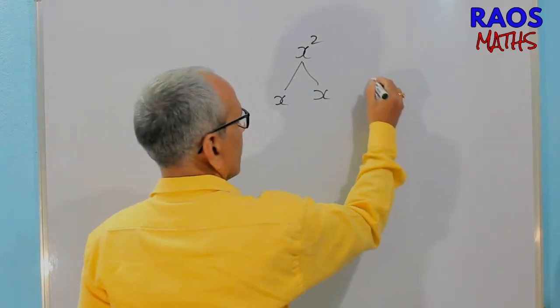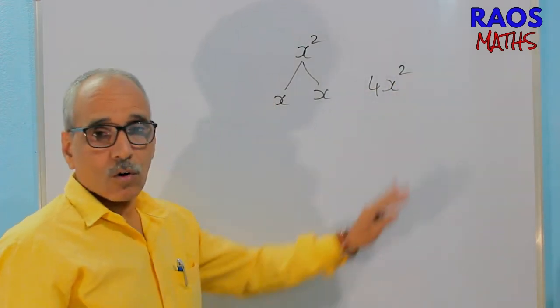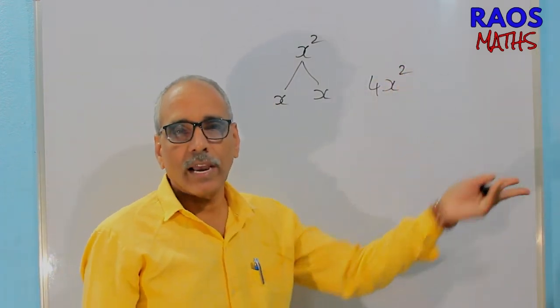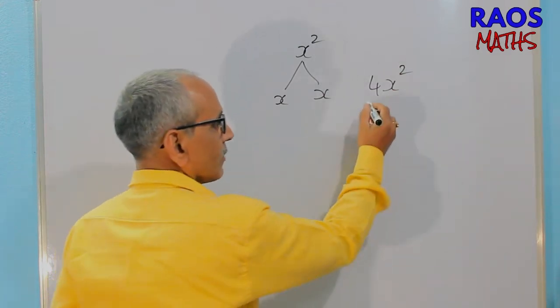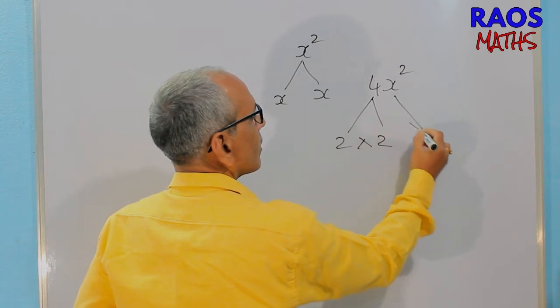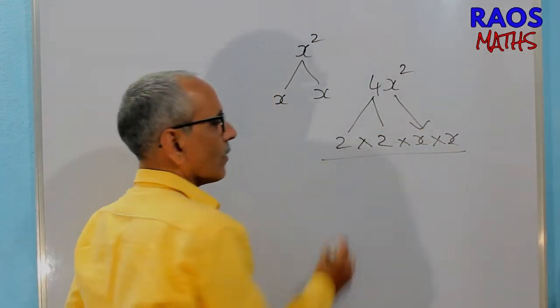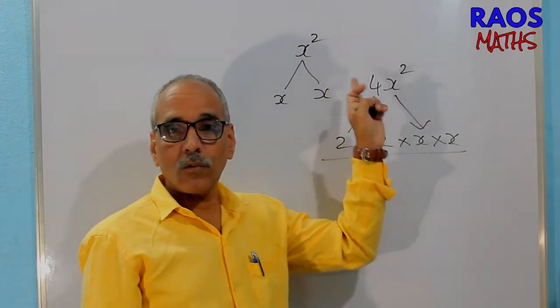Next, 4x square. We know how to write the factors of 4 and also for x square. For 4 we write 2 into 2 and for x square we write x into x. So these are the factors of the given monomial 4x square.